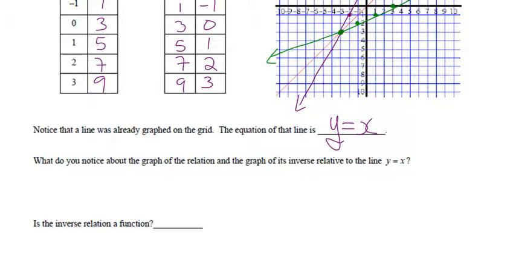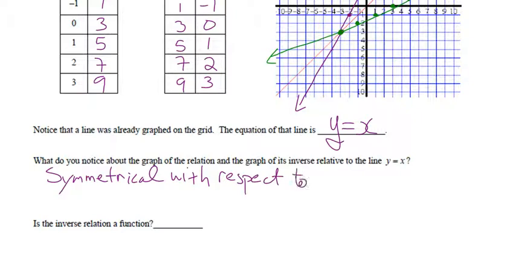Yeah, it's a reflection. So they're symmetrical around the line. Symmetrical, line of symmetry, with respect to the line y equals x.